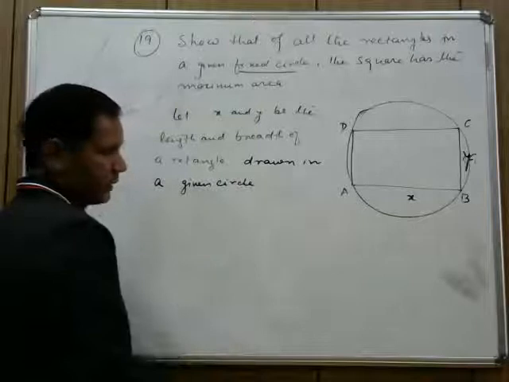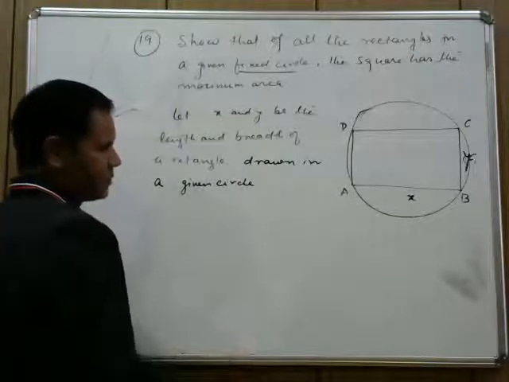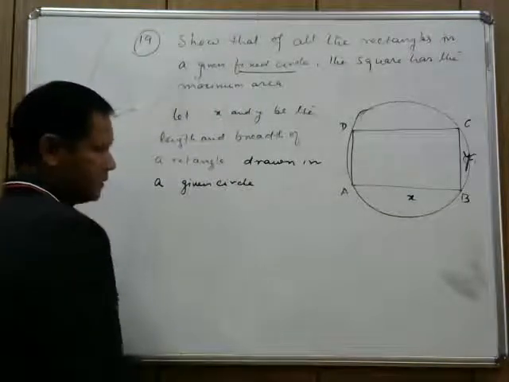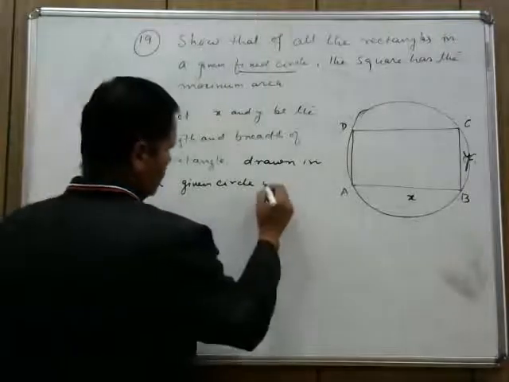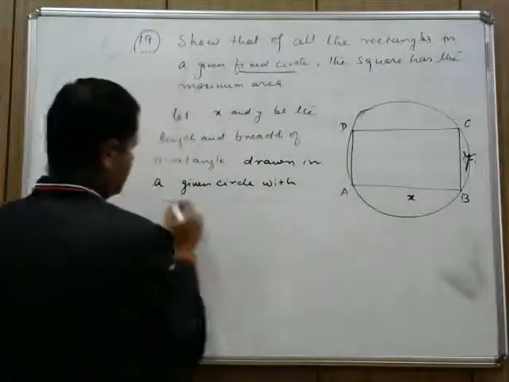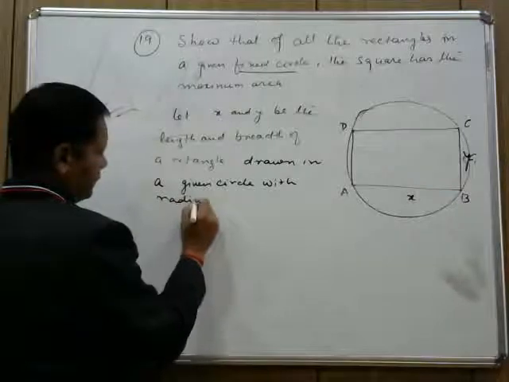Circle is given, that means something, and we cannot draw a circle without radius and center, of a given circle with radius r.